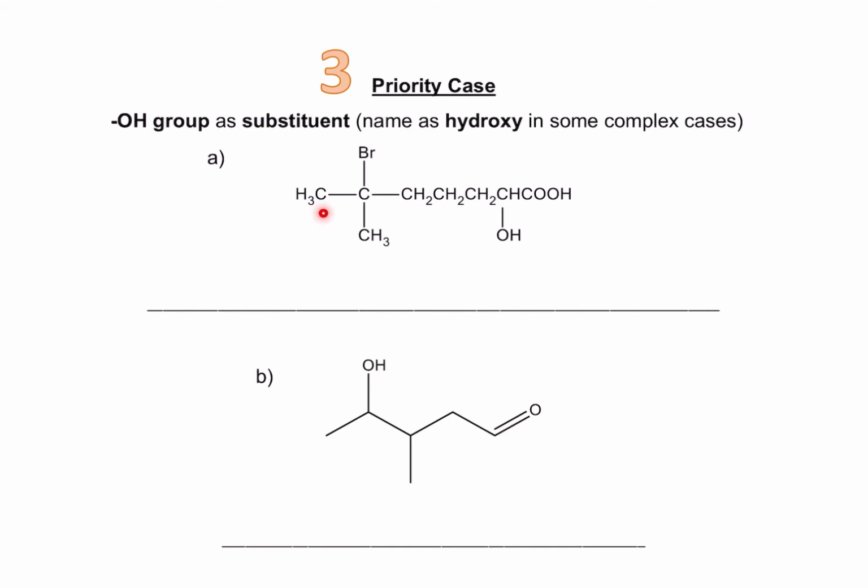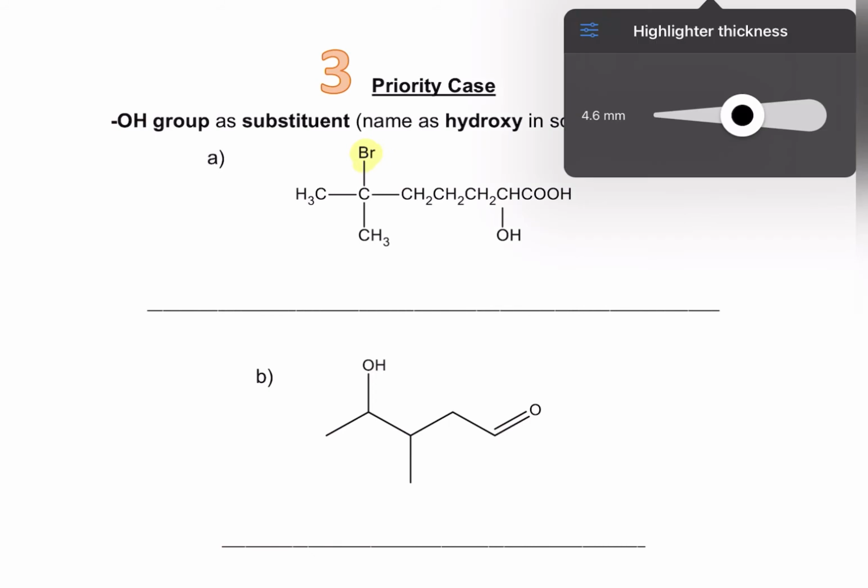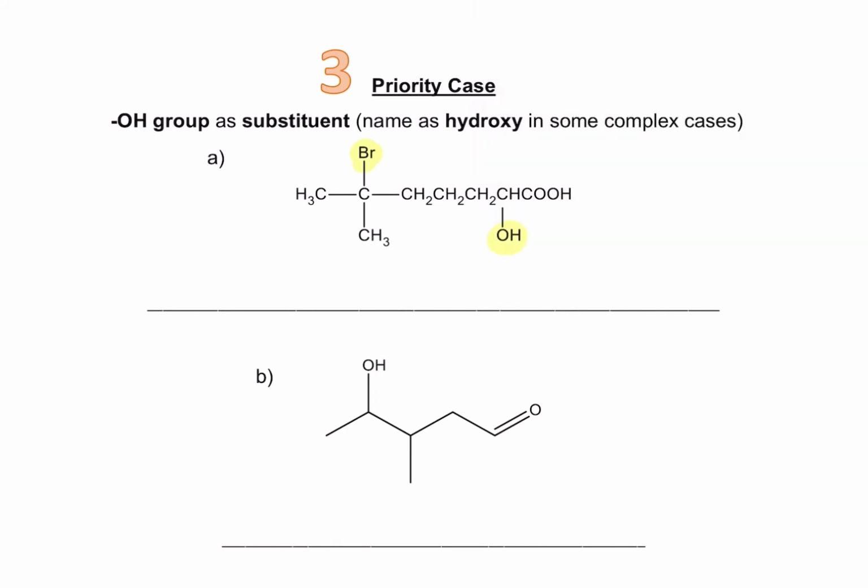I got this structure and you've got 3 different functional groups. The first one is Br, my halogen. The second one is OH, my hydroxyl. And the last one is COOH, the carboxyl group. So between these 3, which one is the highest priority?